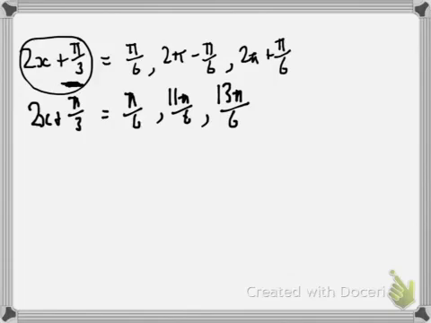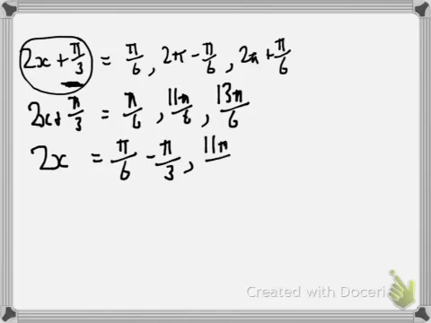Now, what we've got to do is subtract from each of those. To get 2x by itself, we need to subtract from each of those pi on 3. So, got to look out here for our fraction skills. Notice how for each one I'm subtracting pi on 3 to get 2x by itself.